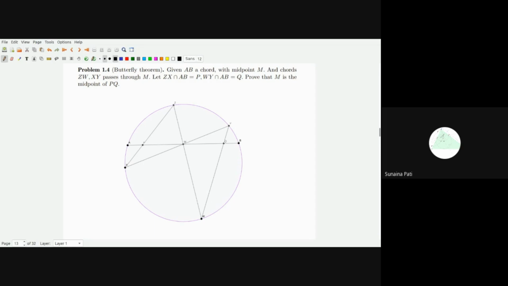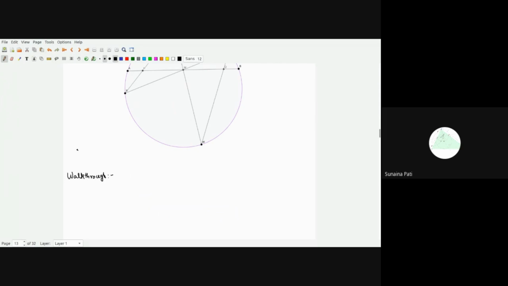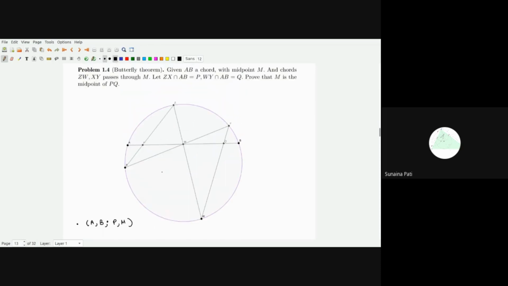I can write it in the. Consider the bundle A, B, P, M. And now you sort of want to involve Q also. You want to relate Q with A and you want to relate Q with P also. So any idea which projections you should consider?